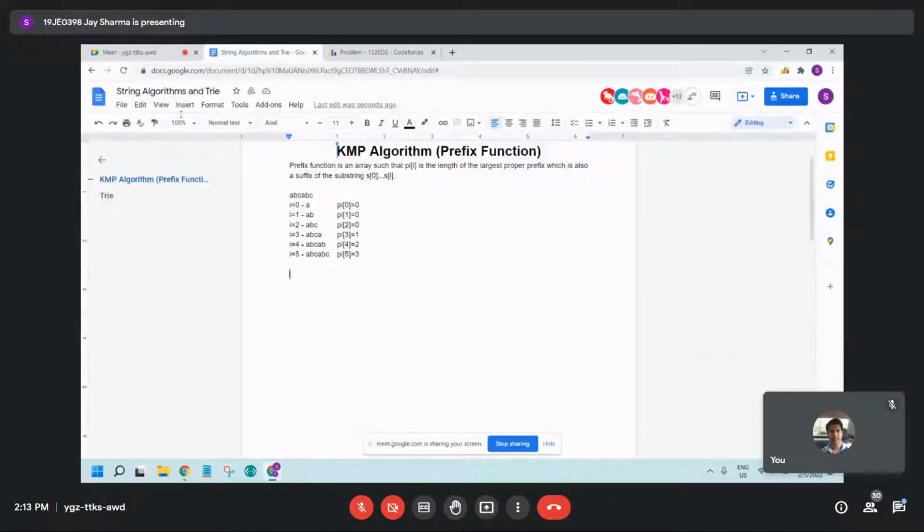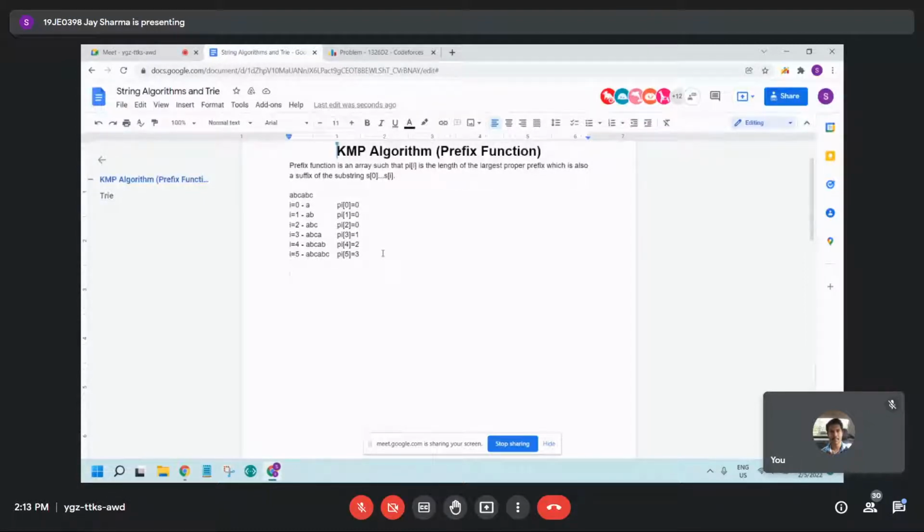For all substrings, we will start from one and match it with the last. Where it does not match, that up to that will be pi of I. Sorry, we will take all these substrings, like ABC.